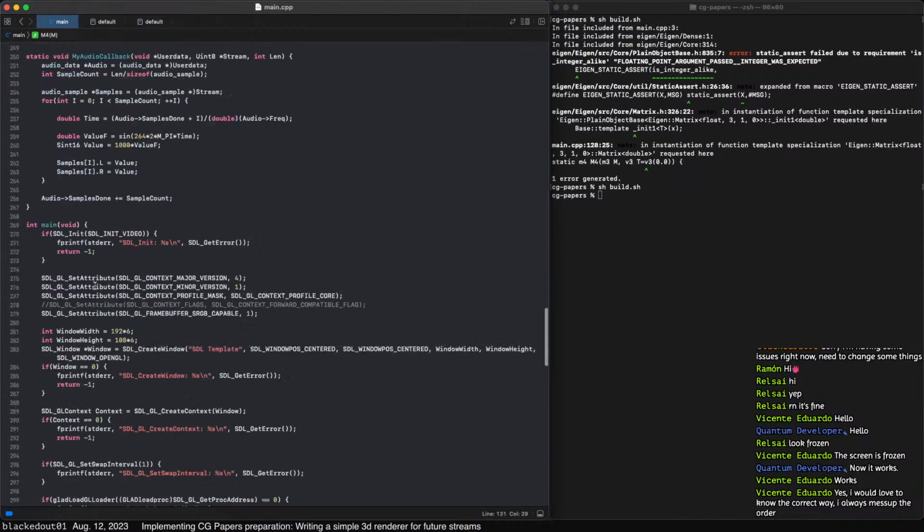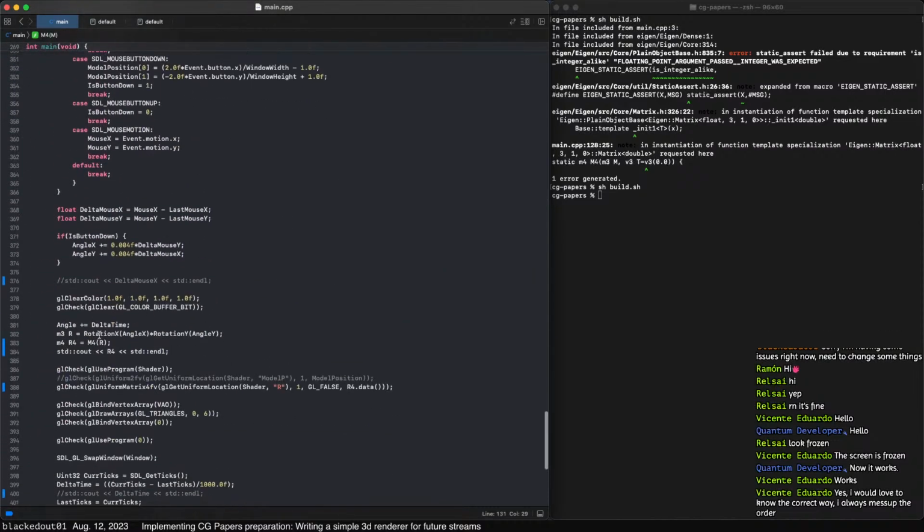For example, I just want to translate the rectangle by a small amount in the x direction.